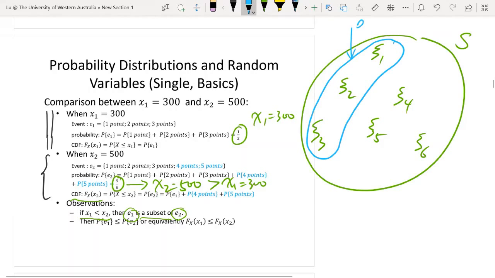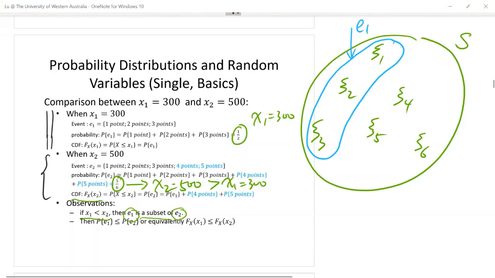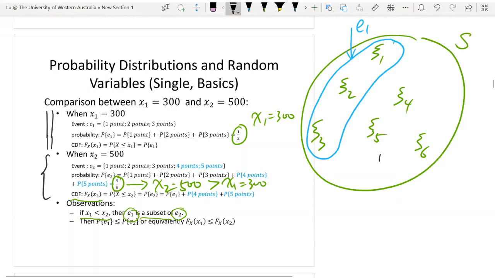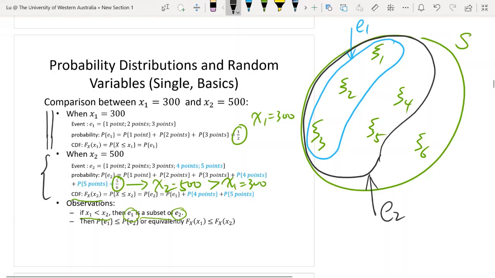So this is our E1 event. When we increase the parameter from 300 to 500, we got another event. This is E2 event. Graphically, you can see E1 contains fewer elements than E2. And E2 contains all the elements of E1 plus the Z4 and Z5. So we can say E1 is a subset of E2.